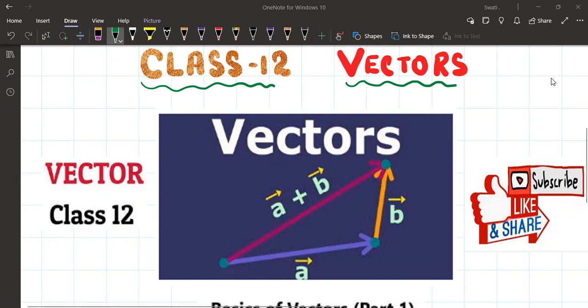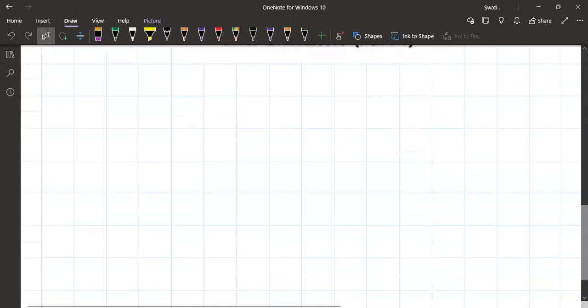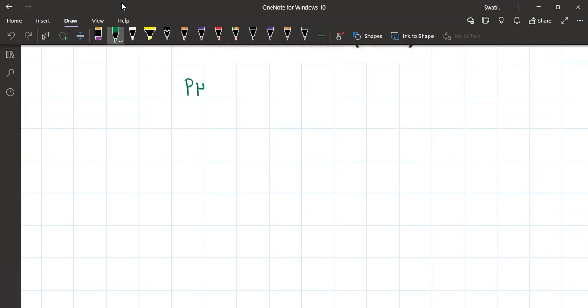So we know a lot of physical quantities, right? Like distance, time, temperature, acceleration, force, mass, a lot of quantities we know. These are all physical quantities. These physical quantities that we know, we have basically divided into two categories.